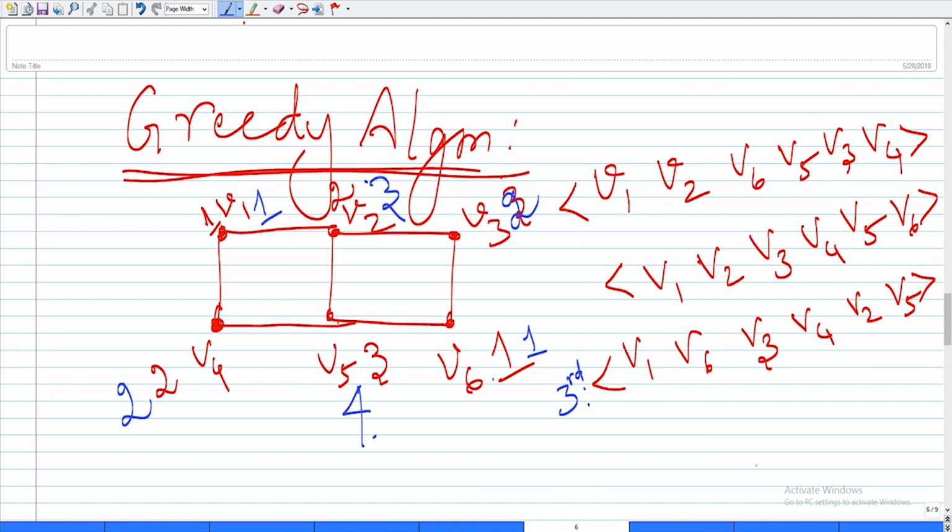So here you can see that this greedy algorithm depends on the ordering of the vertices, whatever we are taking. So we should be cautious when we are applying the greedy algorithm, and it does not always give us the optimum solution. So how to overcome this difficulty?